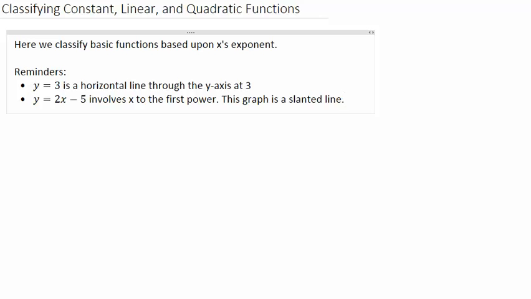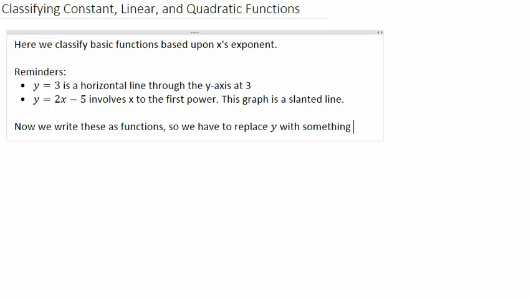Hopefully you recognize those. If not, maybe now I've jogged your memory. Now we write these as functions. All we have to do is replace the variable y with something like f of x to make it look like a function equation.